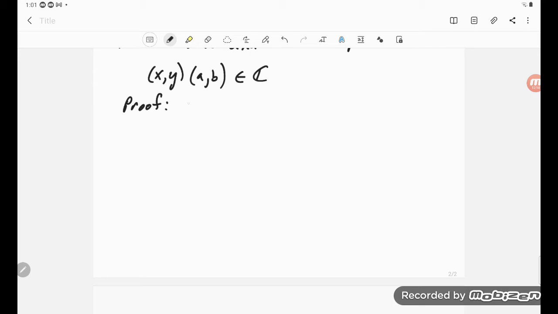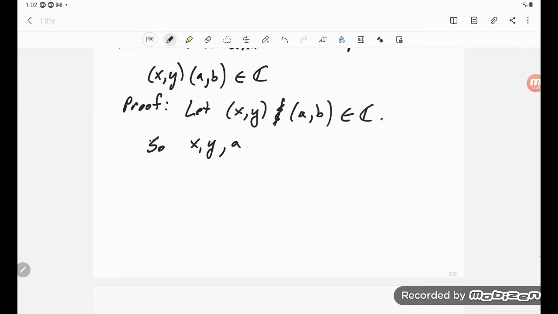So we have that (x, y) and (a, b) are elements of the complex numbers. Well, so again, x, y, a, and b are elements of the real numbers.